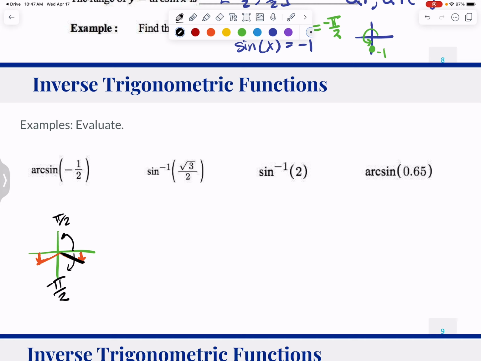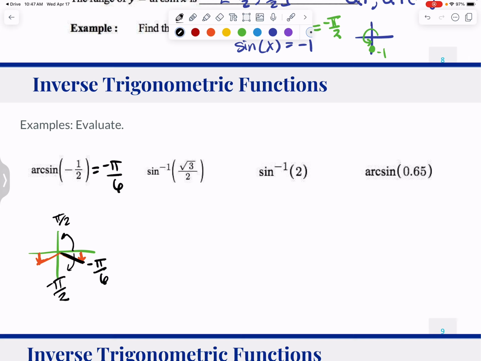That reference angle is going to be pi over 6. So this is negative pi over 6. You wouldn't say 11 pi over 6, and you wouldn't say 7 pi over 6. Those are coterminal, and they are some of the infinite solutions to the equation sine of theta equals negative 1 over 2, but it is not the unique output of the inverse function, okay?